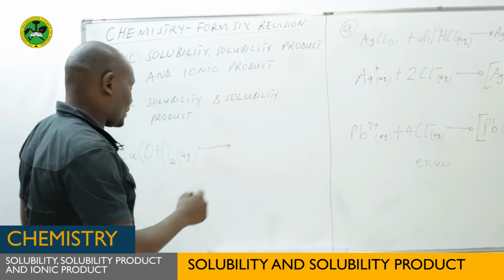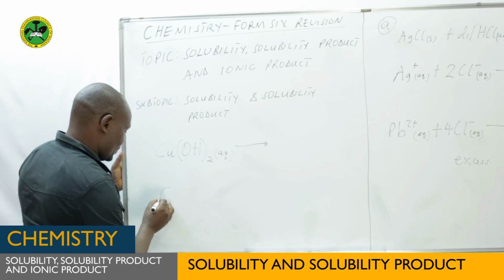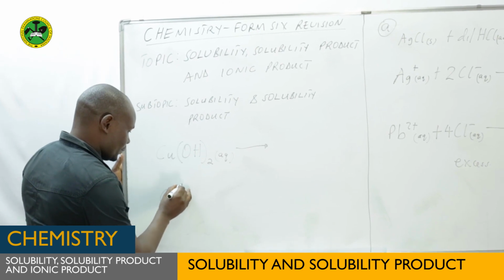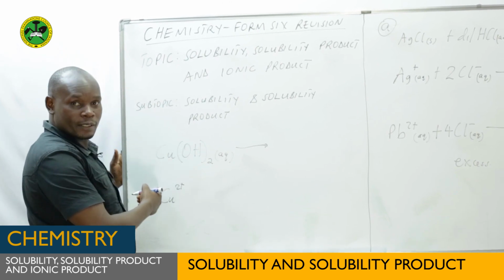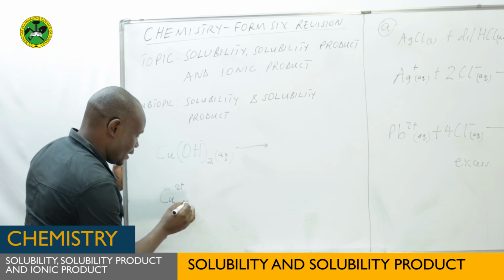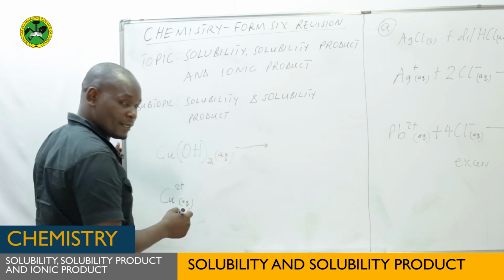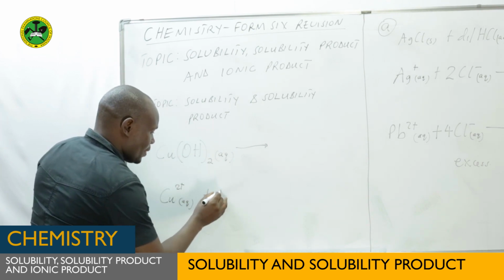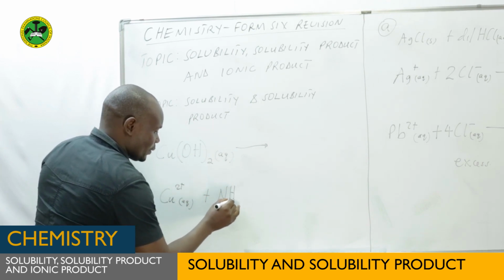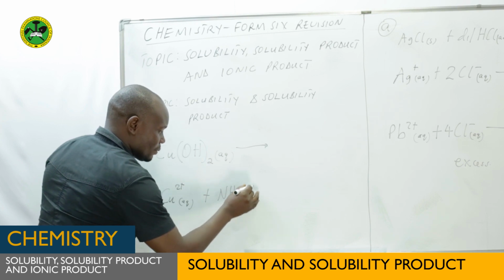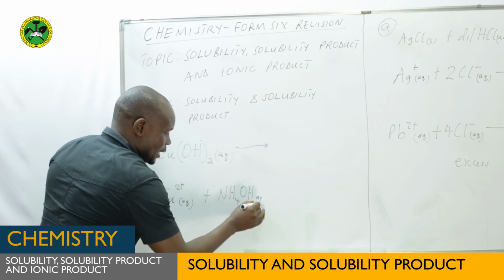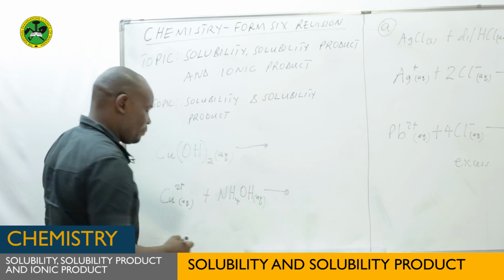Now we have copper(II) ions from copper hydroxide, which are aqueous. In a concentrated ammonia solution, we have aqueous ammonia. So what will happen?